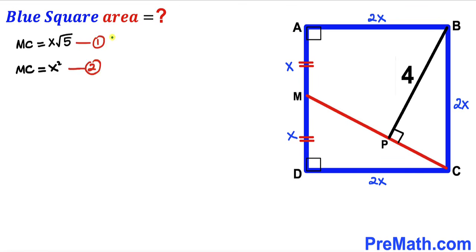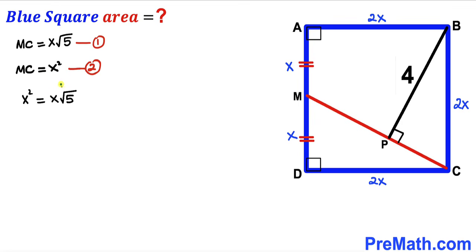So we ended up with these two equations, and we can see the left-hand side is identical. We have MC on both sides, so we can equate the right-hand sides as well. So we can write x squared equals x times the square root of 5.